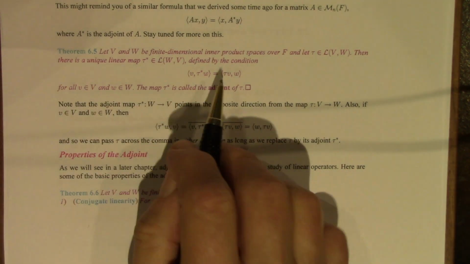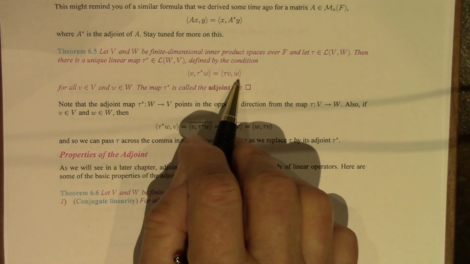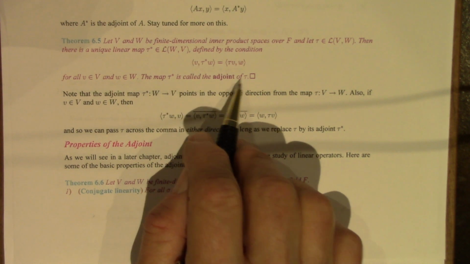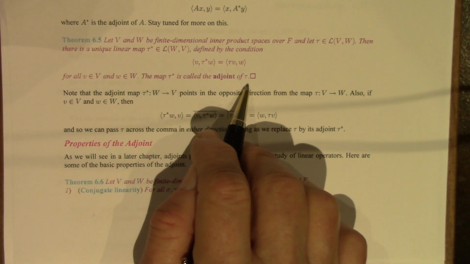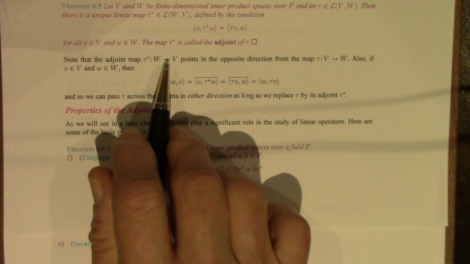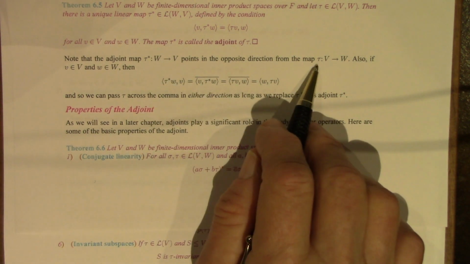There's only one function with this property. And this map, tau star, is called the adjoint of tau. As I mentioned, tau star points in the opposite direction from tau.